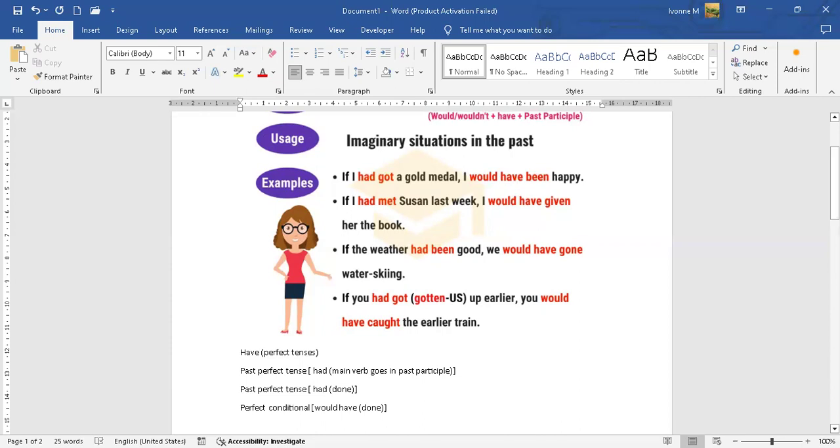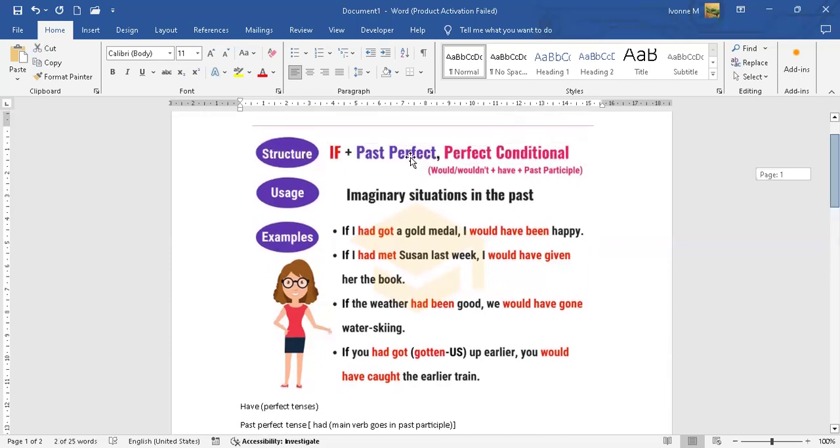So this is very important to remember how we build past perfect and how we build the perfect conditional to know how to build third conditional sentences. This is the structure. Do you have any question?